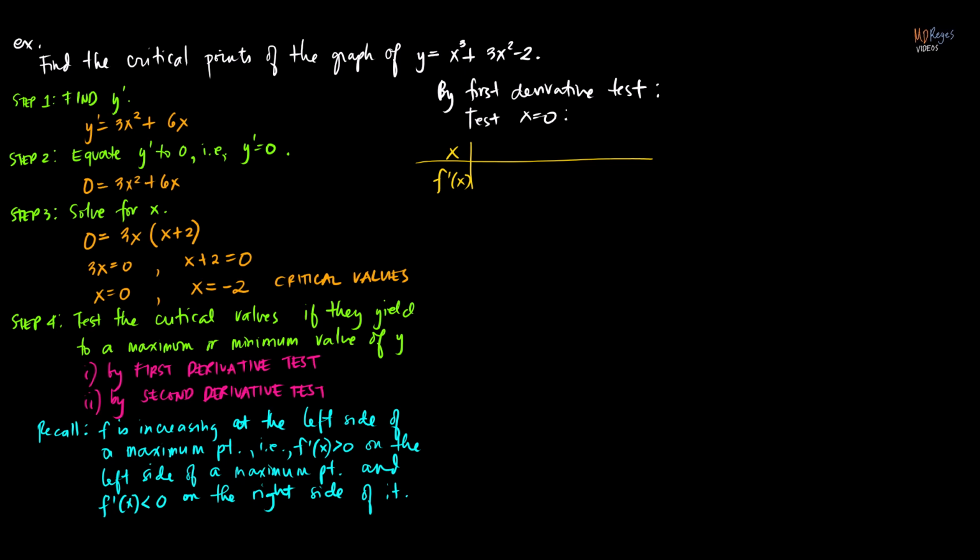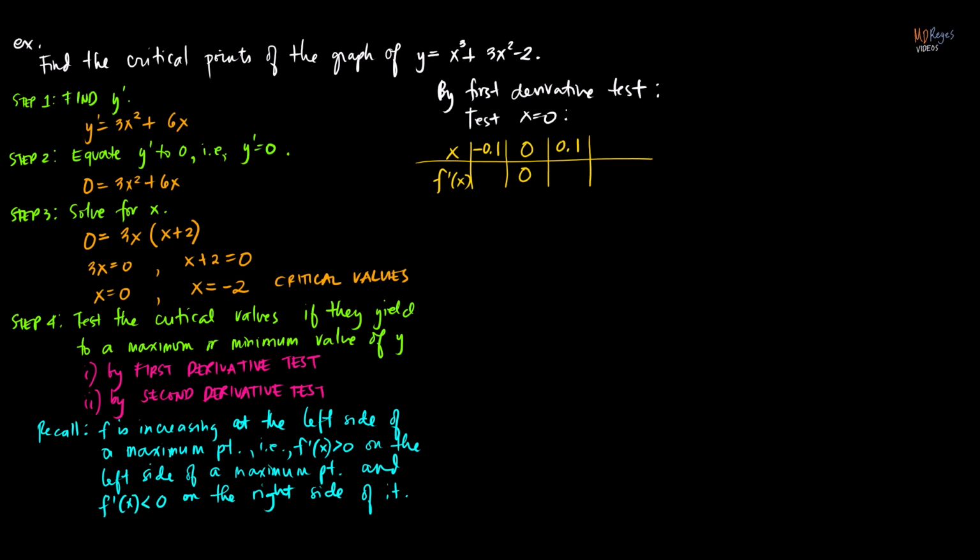So I will just create a table. Okay, at x equals 0, f prime obviously is equal to 0. And then I'll choose values on the right and on the left side of 0. It's important that you choose some values very, very close to 0. Let's say on the right side 0.1, on the left side negative 0.1.